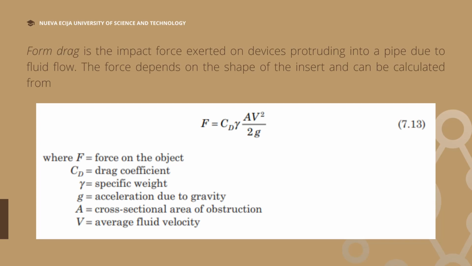The force depends on the shape of the insert and can be calculated from F equals CD γ AV squared over 2G, where F is equal to force on the object, CD is equal to drag coefficient, γ is equal to specific weight, G is equal to acceleration due to gravity, A is equal to cross-sectional area of obstruction, V is equal to average fluid velocity.